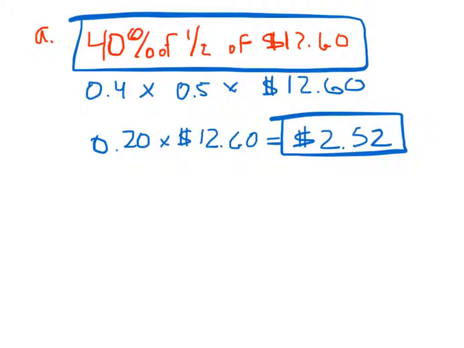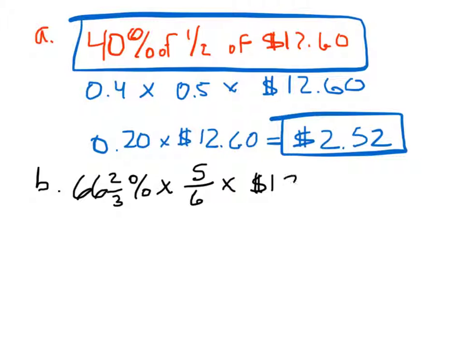Alright, then for B here, okay, you get a little bit trickier, 66 2/3% of 5/6 of the 1260.